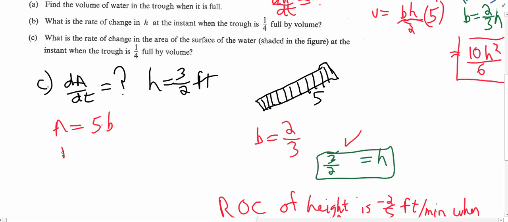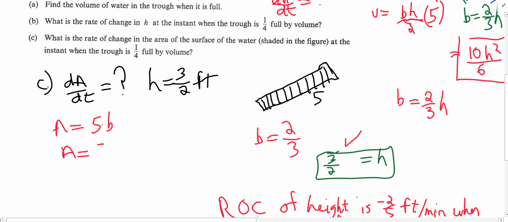So the area, actually, we need this 2/3 of height, right?